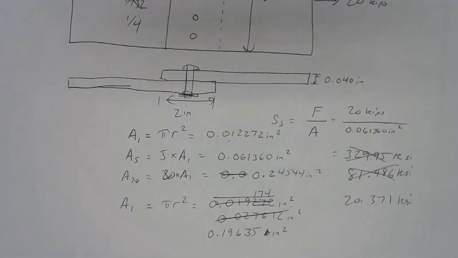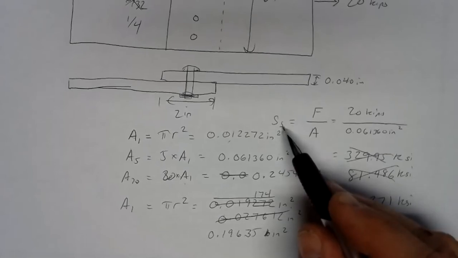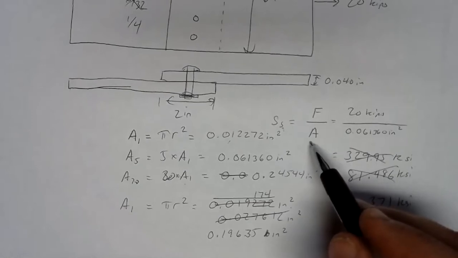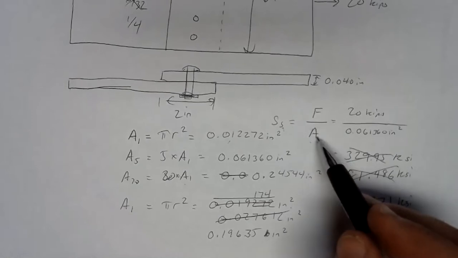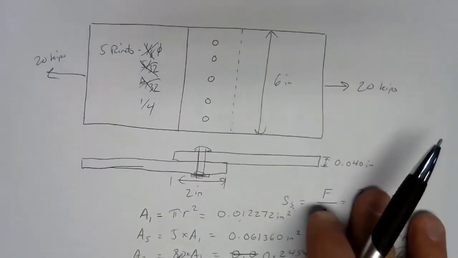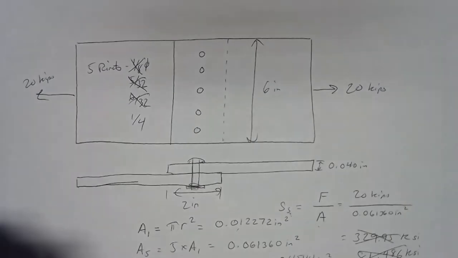And this is a little bit of a preview of how a design problem will work. Now we can be a little more accurate about this and turn the problem around and say, if we know what the shear stress needs to be at maximum, what's the minimum amount of area we can get away with? And then if we know that area, we can figure out how many rivets we need. But that's how rivets really contribute strength to a joint.